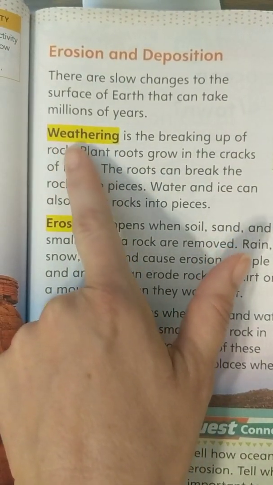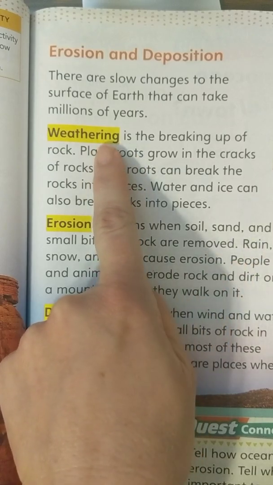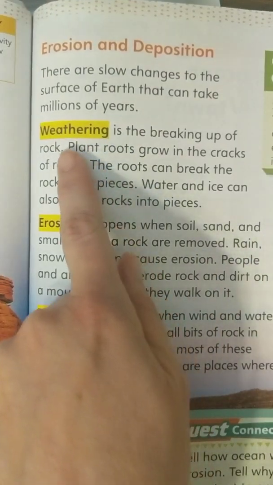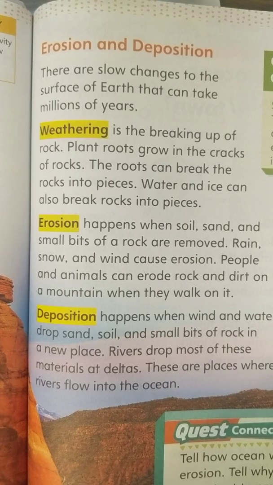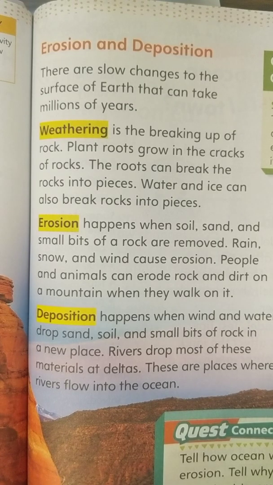This is a little bit different when it's a verb like this, weathering, okay? Weathering is the breaking up of rock. Plant roots grow in the cracks of rocks. The roots can break the rock into pieces. Water and ice can also break rock into pieces.